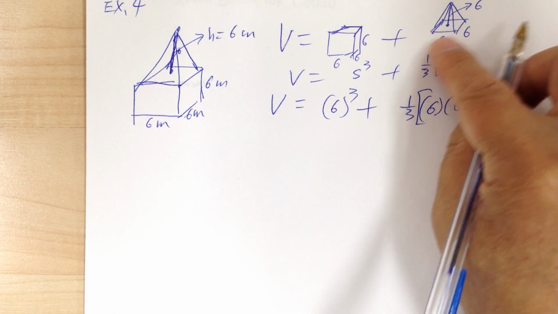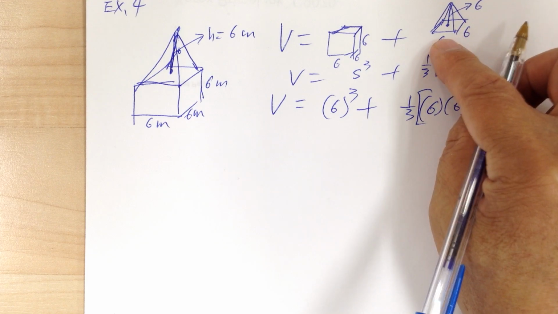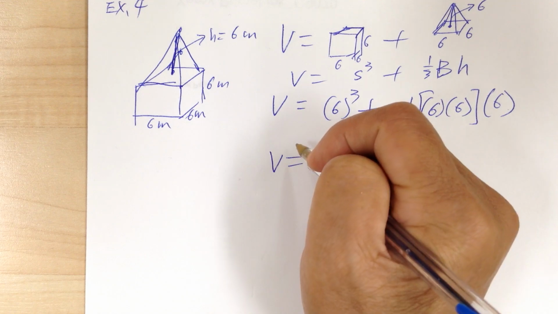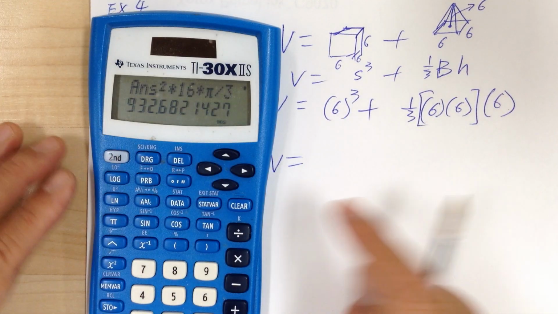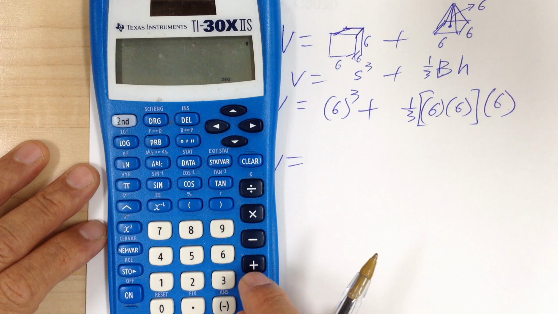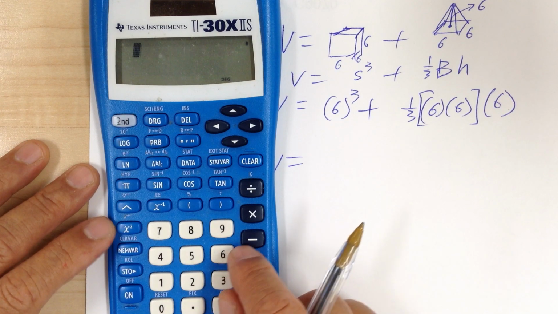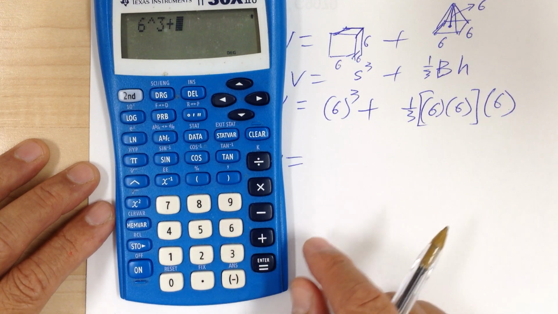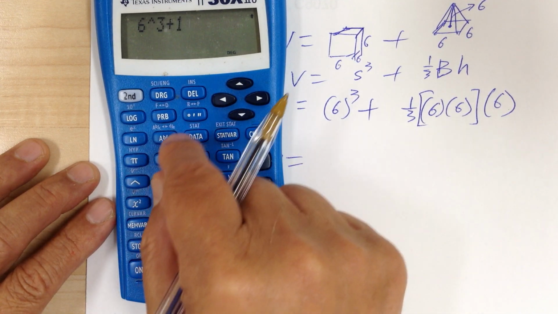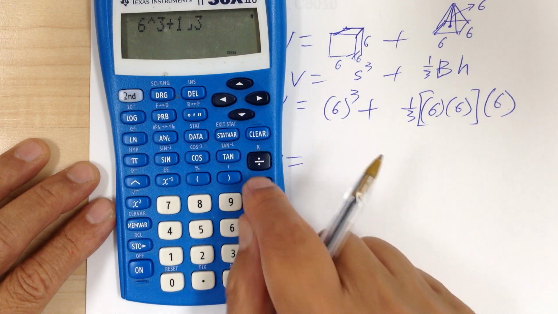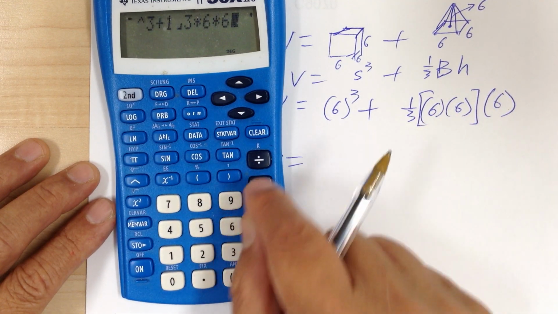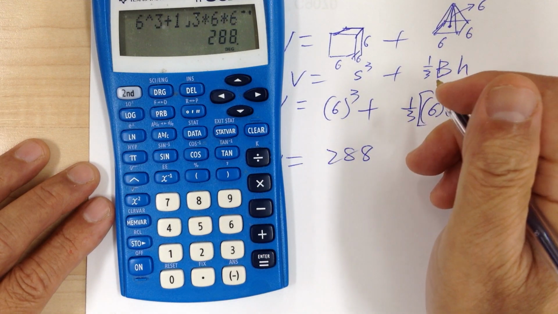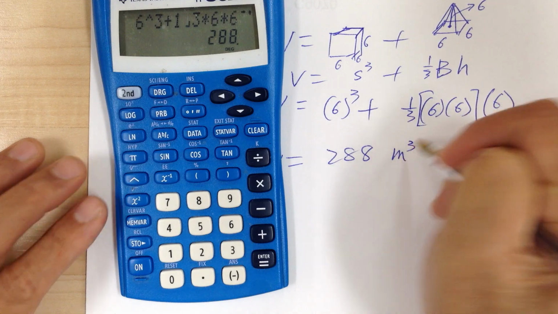The base is a square, so it's 6 times 6, and times height. Now use your calculator and work everything out: 6 to the 3 power plus 1/3 times 6 times 6 times 6 equals 288. Does it have a label? Yes, meters cubed.